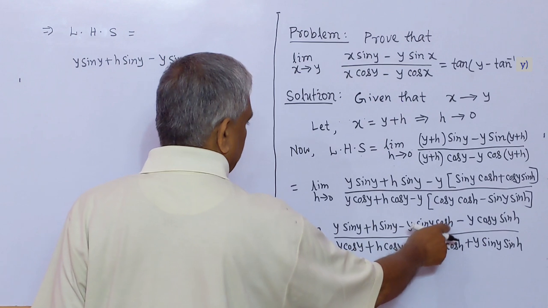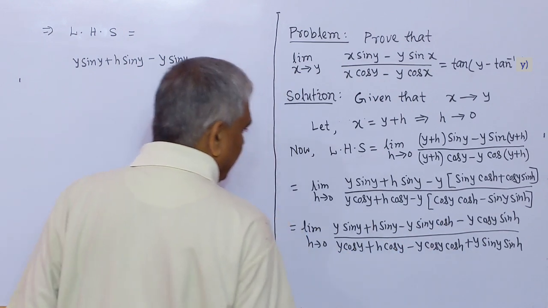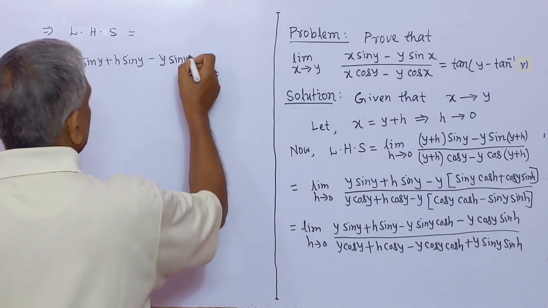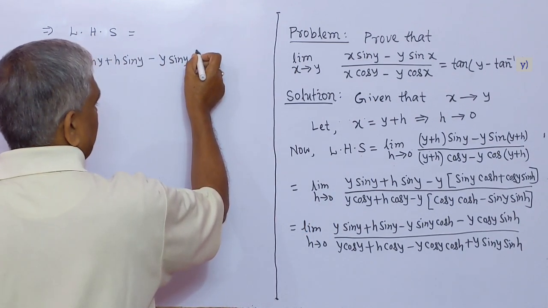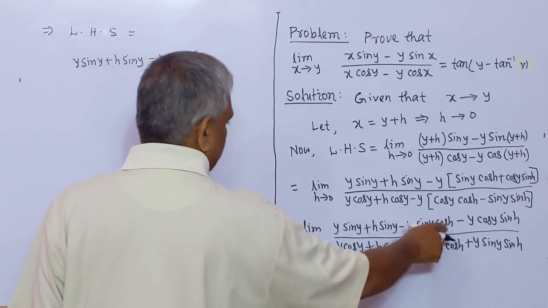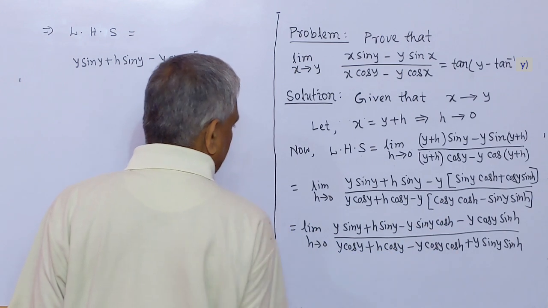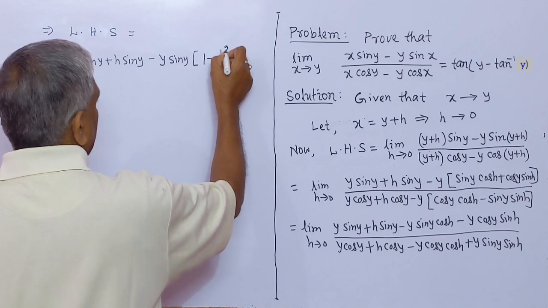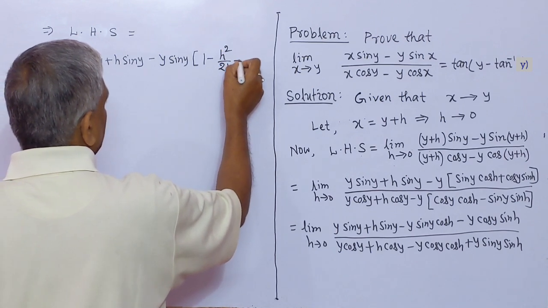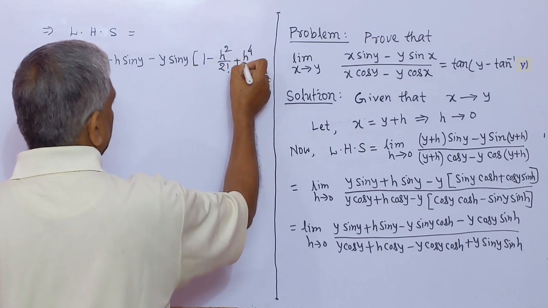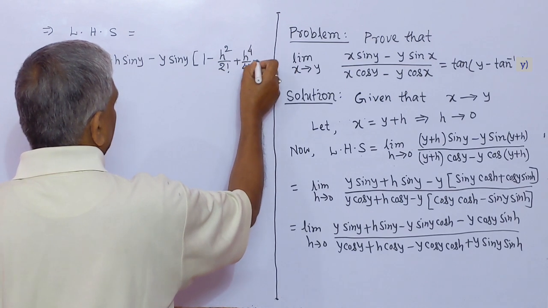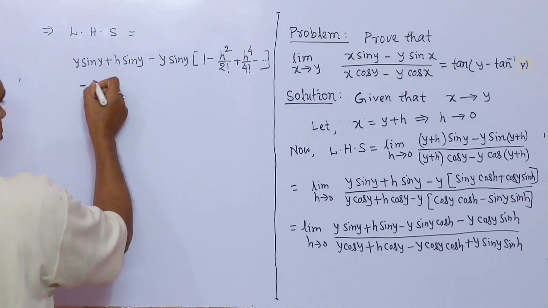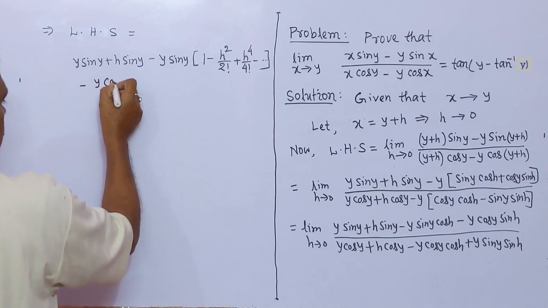We expand cos h in powers of h. Here h tends to 0. So we use the formula for the expansion of cos h in powers of h. 1 minus h square by factorial 2 plus h to the power 4 by factorial 4 minus dot dot dot, minus y cos y.